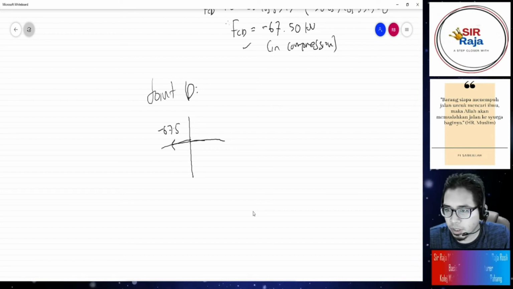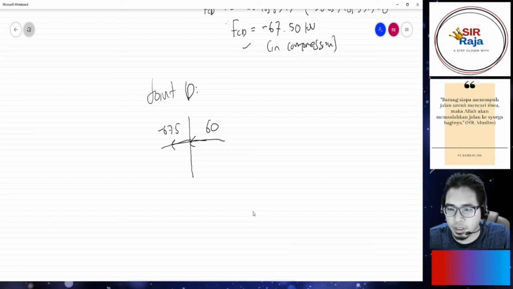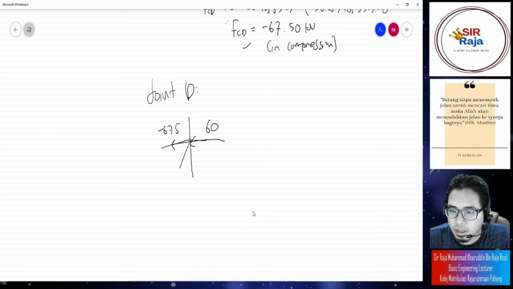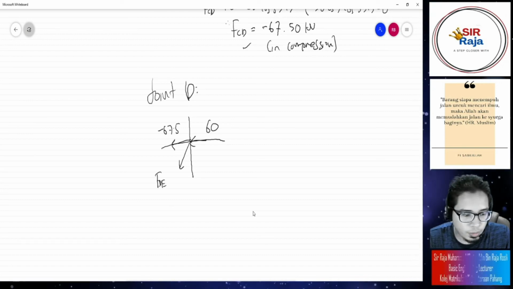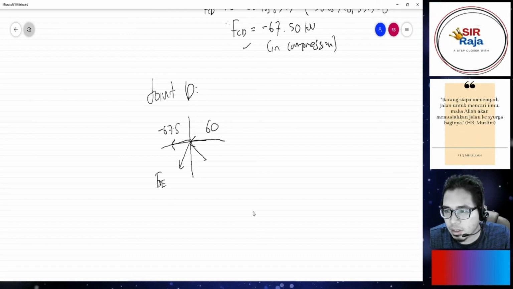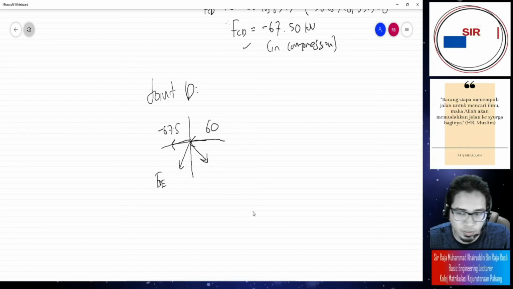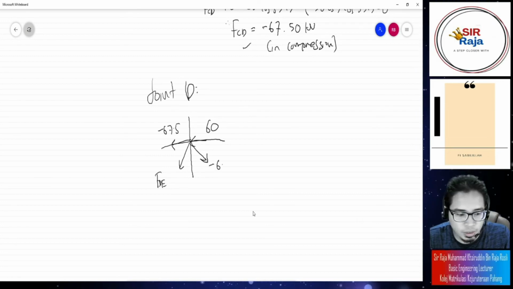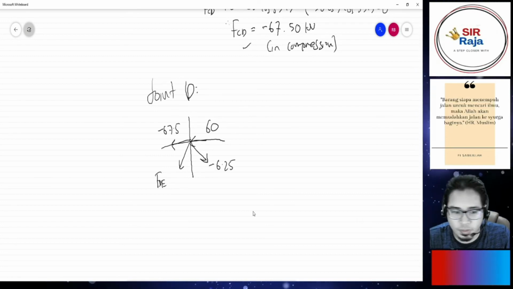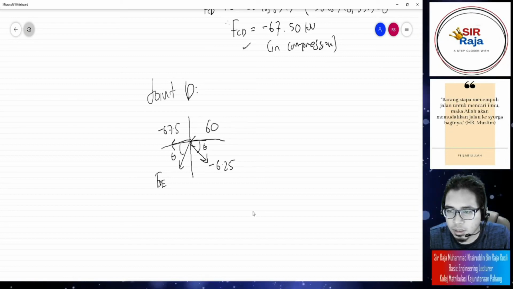And then we have negative 60 to the left from the point load. We have FDE. Then here from the FBD of joint B, we have calculated this here, negative 6.25, and this is your theta, and this is your theta.